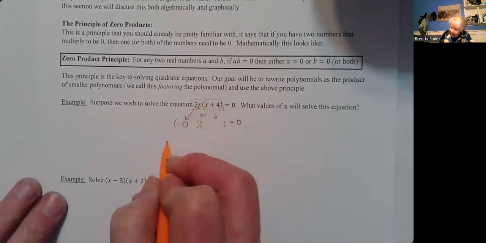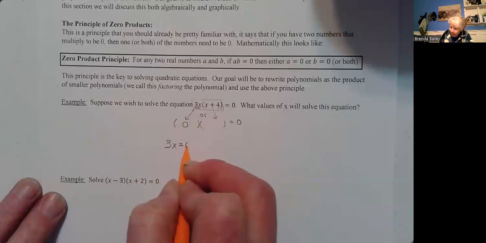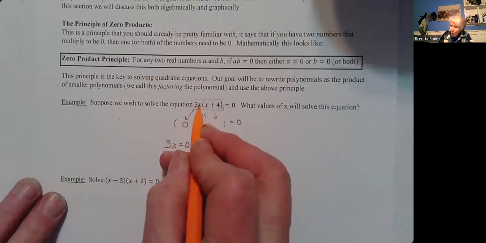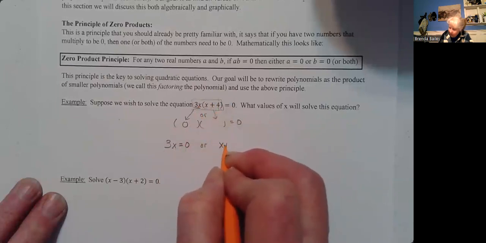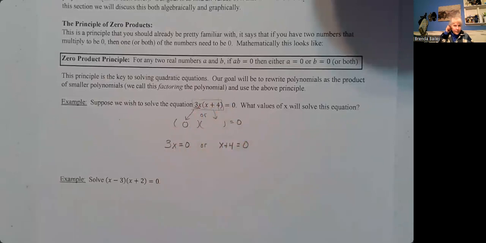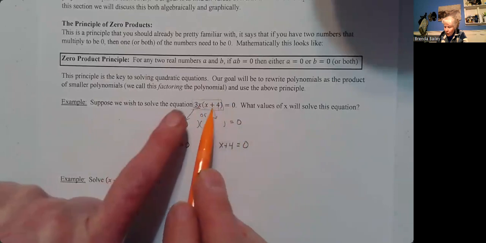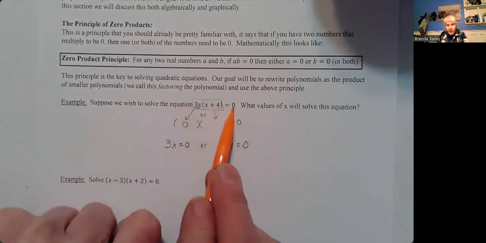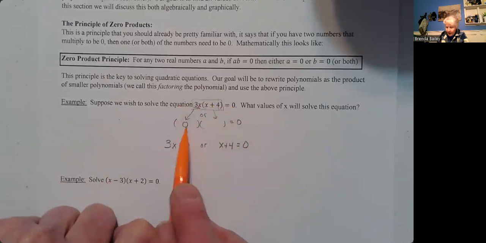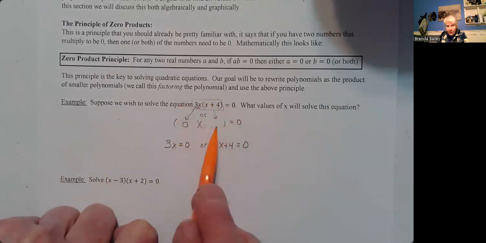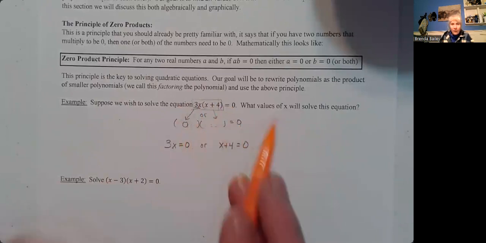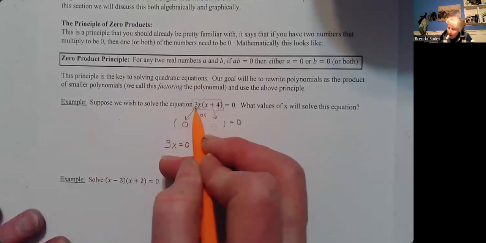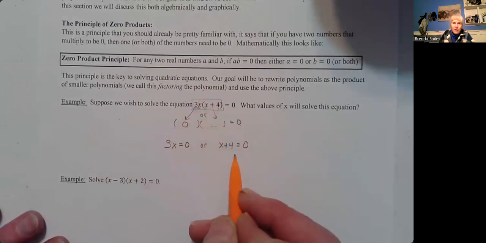So either 3x is going to equal 0, that first number, or our second number, which is x plus 4, has to equal 0. And if one of these is true, then when you multiply them, you'll get 0. Not both, just one of them has to be 0, then the product is 0. So we're going to set each part equal to 0 and solve them.